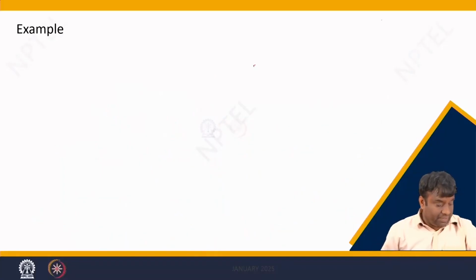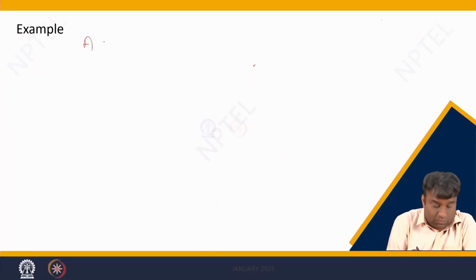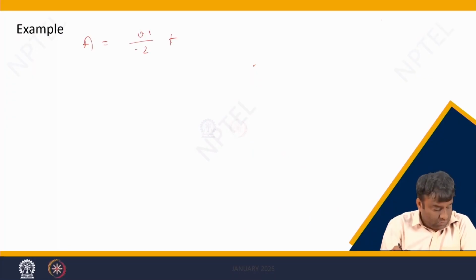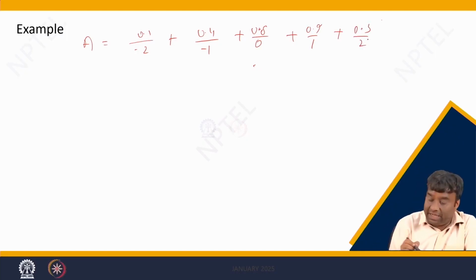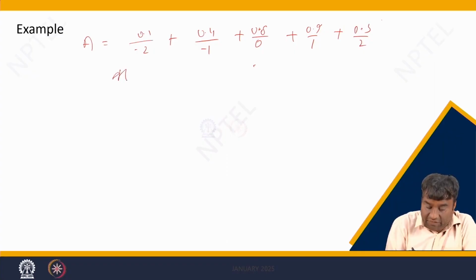So here example is, let A equal to 0.1 by minus 2 plus 0.4 by minus 1 plus 0.8 by 0 plus 0.9 by 1 plus 0.3 by 2. We are defining a function f(x) equal to x square minus 3.